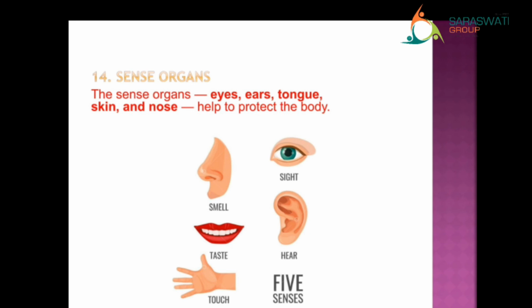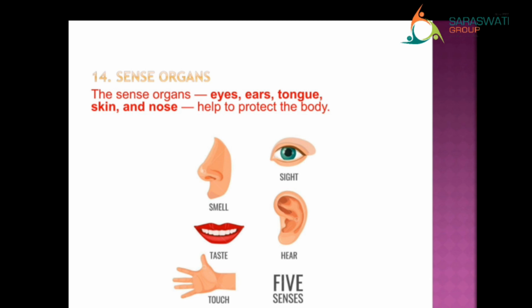There are a total of 5 sense organs: eyes, ears, tongue, skin and nose. They help to protect the body. These are the 5 senses which protect our body, right? Everything we know about the world is through our senses only, right?